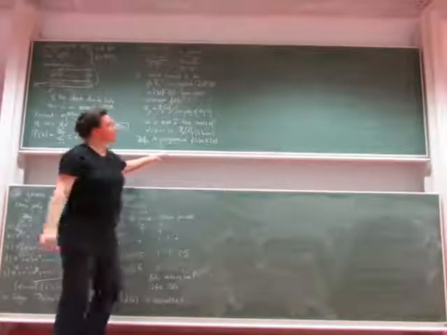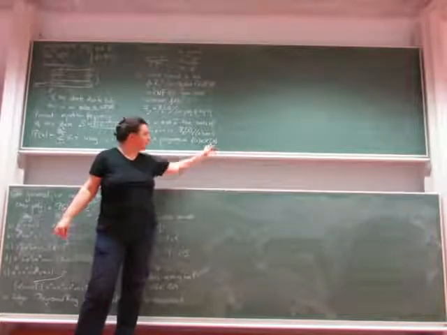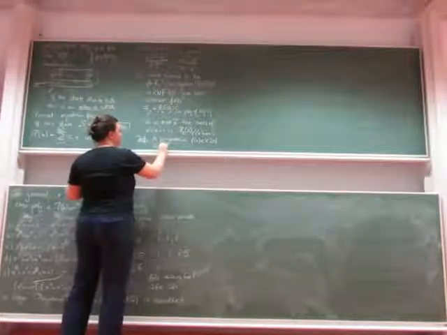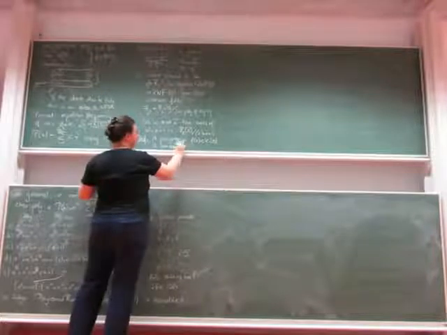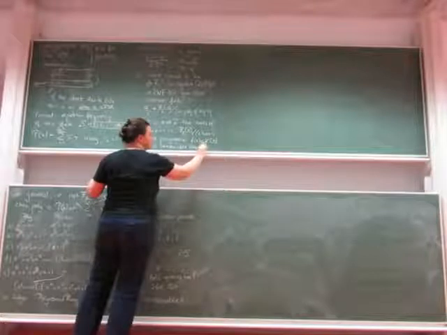So this is the set of polynomials with coefficients in k in variable x. This thing is irreducible, and it's important where we're talking, so it's irreducible over k.